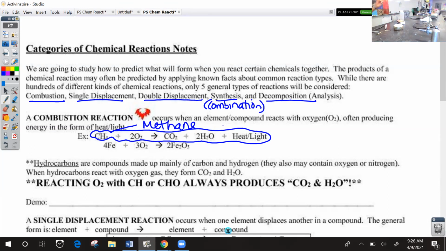Okay, so watch what I can do here. If I close off the oxygen, turn it down just a little bit here. We know oxygen does what to a flame? It feeds it. Oxygen feeds a flame.